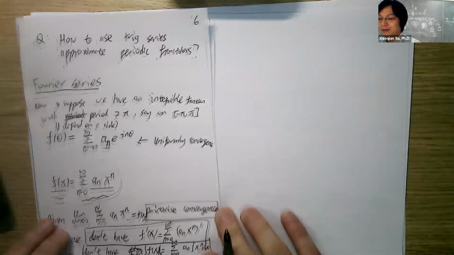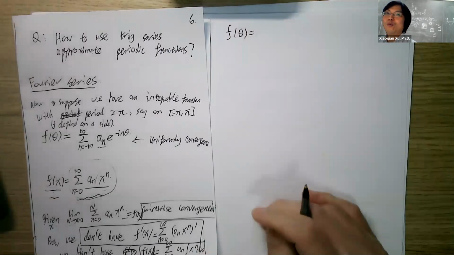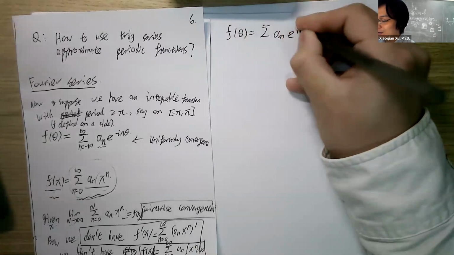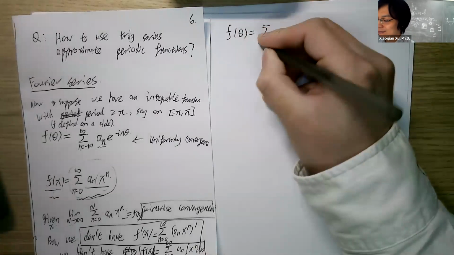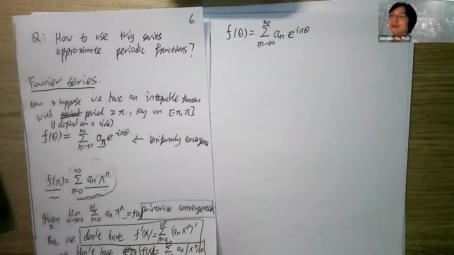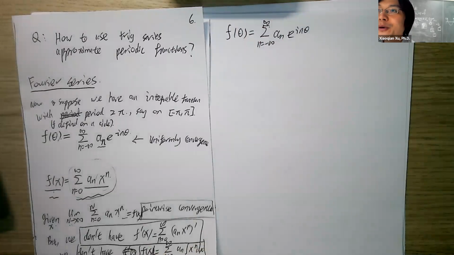Now let's go back to our problem. Of course, we want our convergence to be uniform convergence, otherwise it doesn't make sense. Right? Because remember, what do we want? We want it to satisfy our partial differential equation.